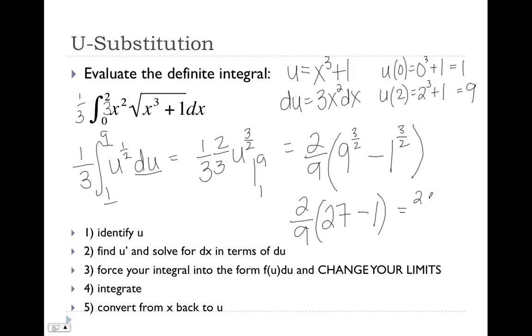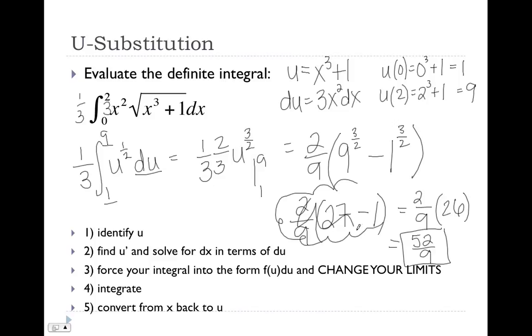And so I'm left with 2/9 times 26, or 52 over 9, and I'm going to be done right there, 52 over 9. Again, if it's free response, don't even stop there. Stop there. If it's multiple choice, you better believe they're going to go all the way to a simplified answer.